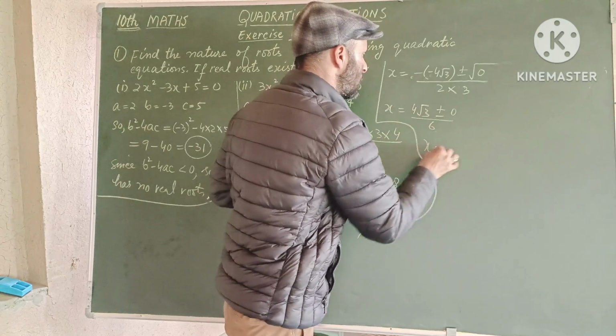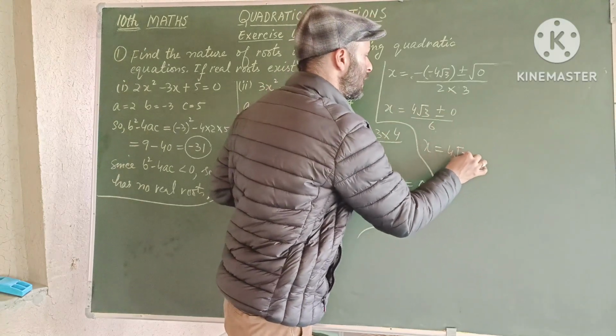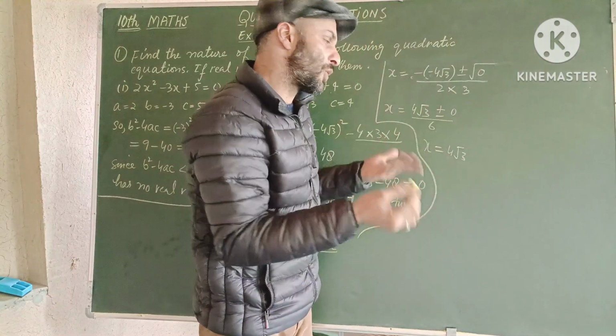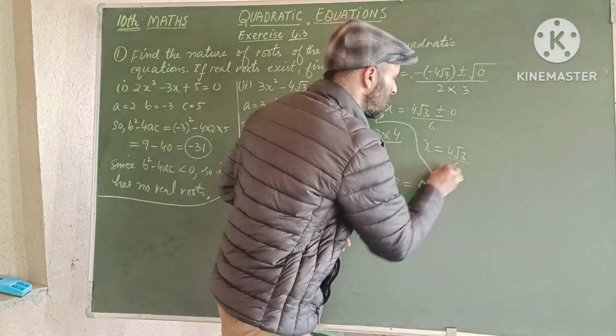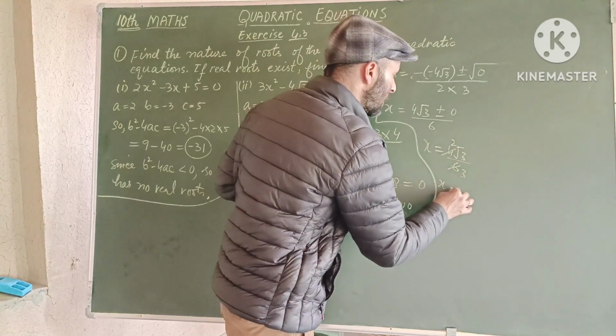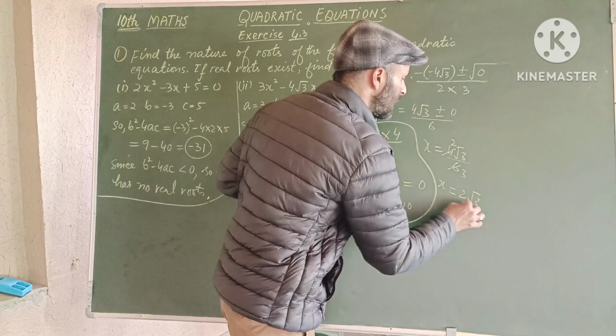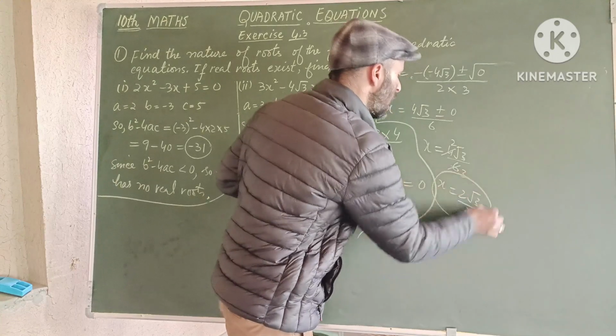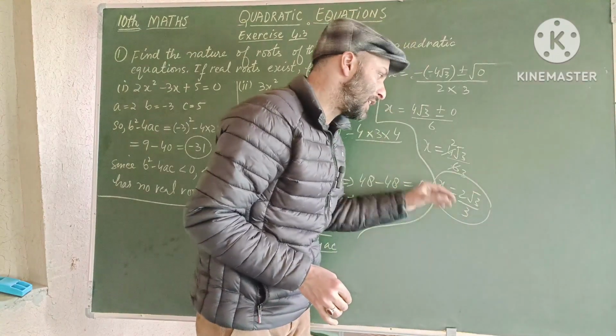So x is equal to 4 root 3 plus minus 0 divided by 6, which gives x is equal to 2 root 3 divided by 3.